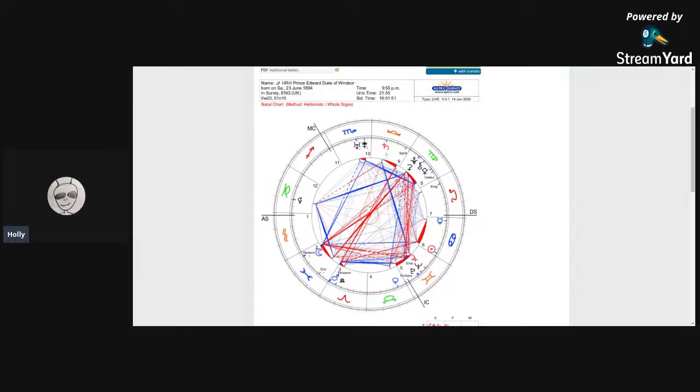So he has a strong Saturn, and you can see that who he is going to be is very much influenced by this 9th house of belief systems. And Libra is the sign of equality, balance, harmonizing.